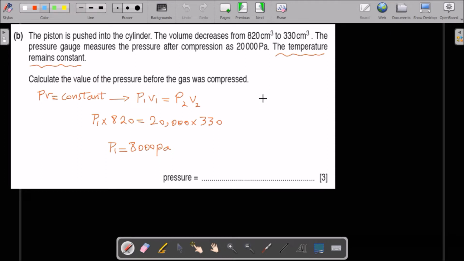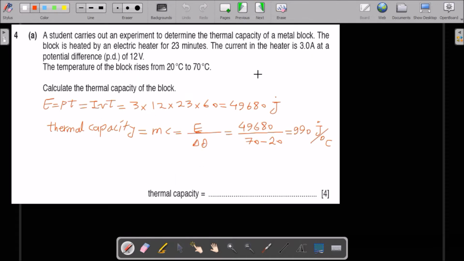So if you consider when pressure is 8,000, volume is 820, and when pressure is 20,000, then volume is 330. It means pressure is inversely proportional to volume in Boyle's law.